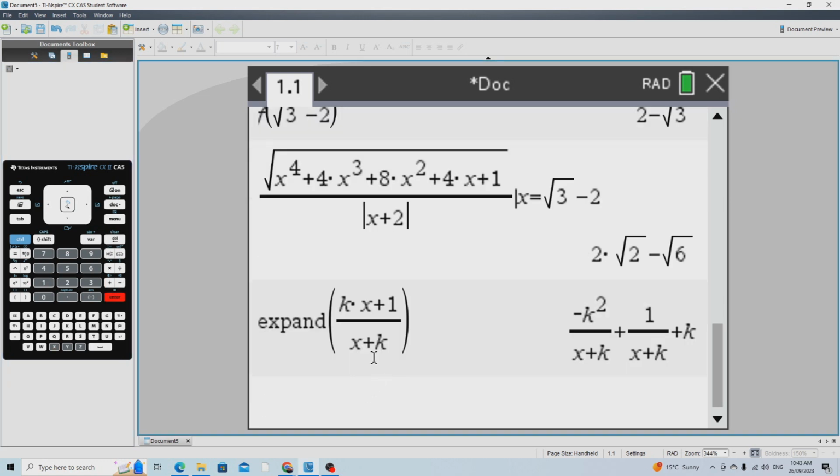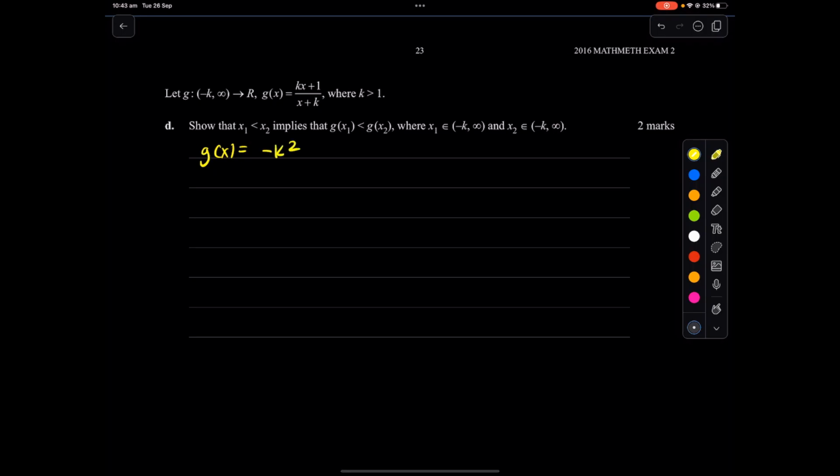Oh, that's not good. Oh, no, it is. Don't worry. Just put these together because they have the same denominator. So we can write this as -k squared plus 1 all over x plus k.